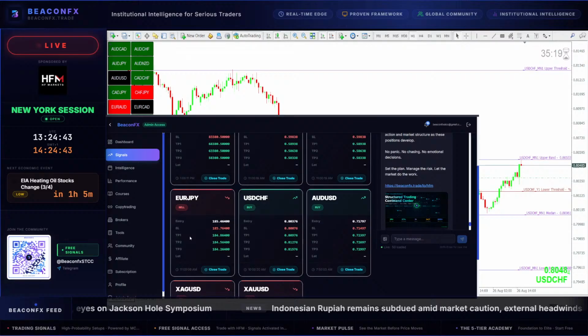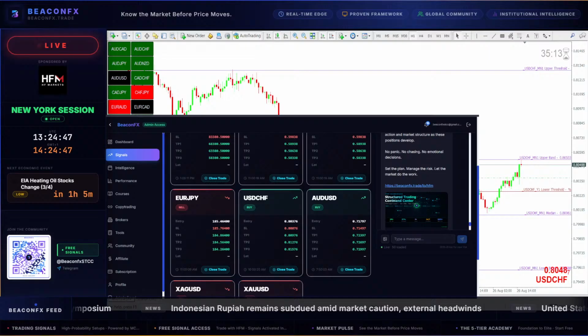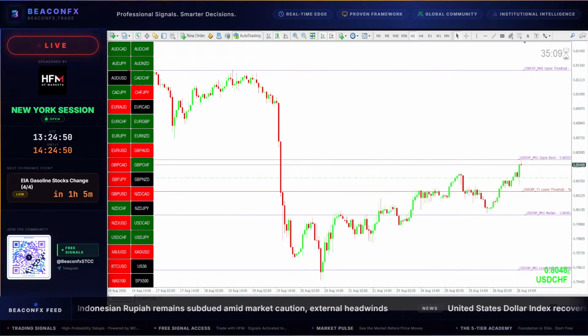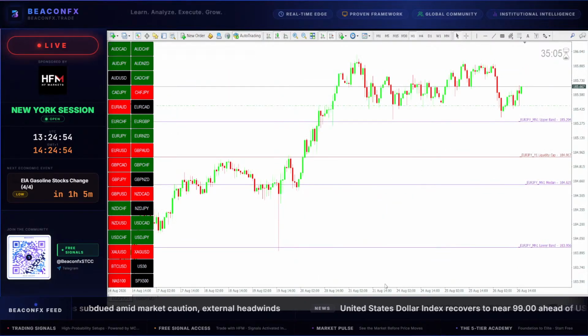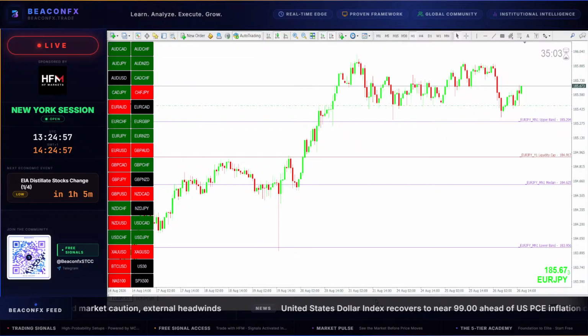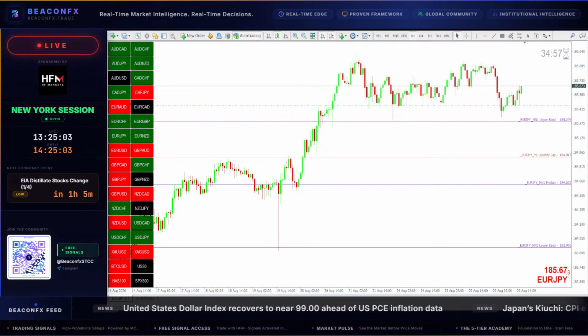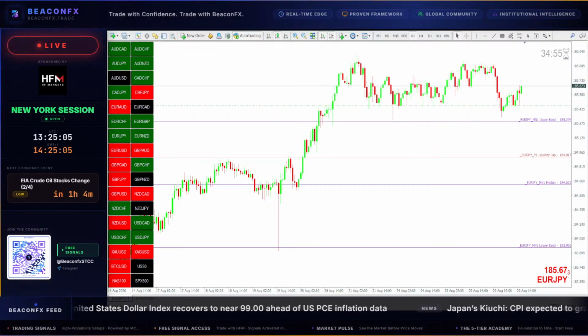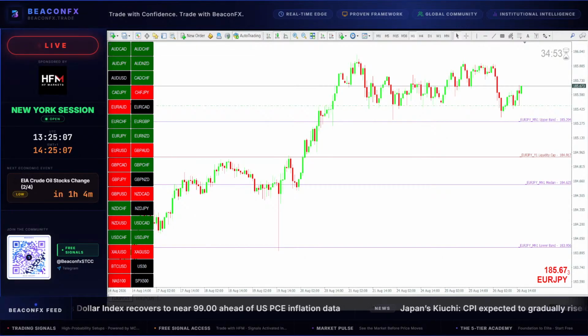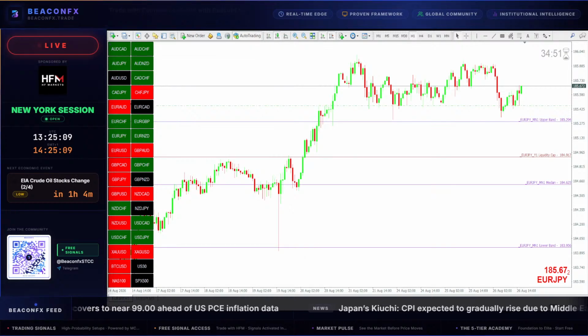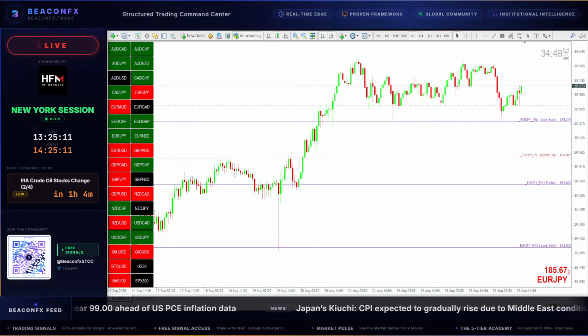Euro JPY entry is at 185.464. It has not really gone in the direction that we expected it to go, so I'm going to activate the stop loss for that too.